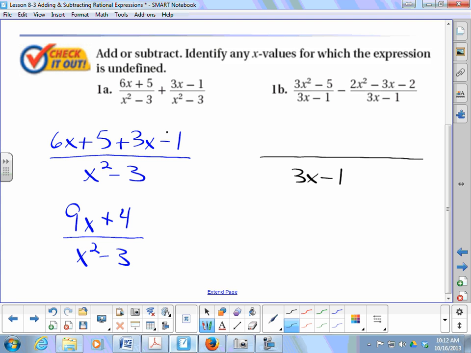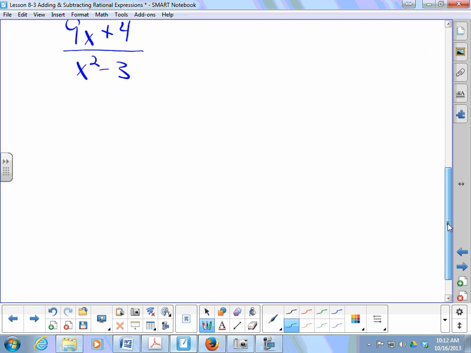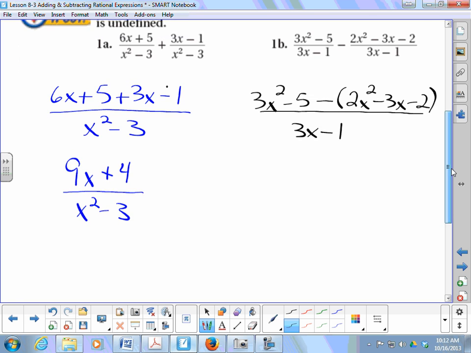So I have 3x minus 1, but I'm going to write this with minus this whole quantity, because I don't want to forget to distribute the negative. So I'm going to write it out first before I do the distributing. If you don't want to do that, you don't have to, but just be careful.